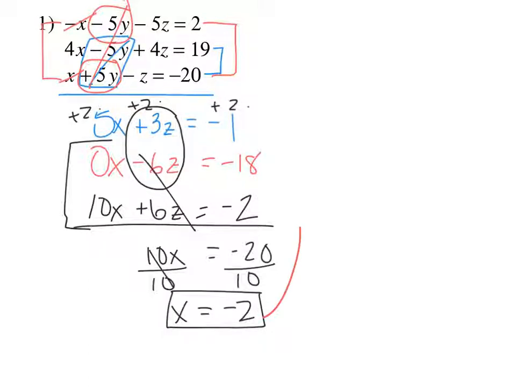So it's 5 times negative 2, because that's x, plus 3z equals negative 1. 5 times negative 2 is negative 10.